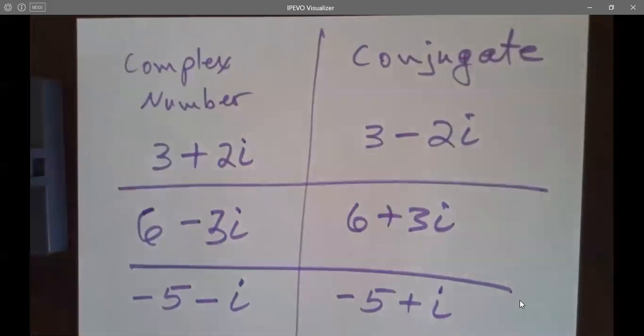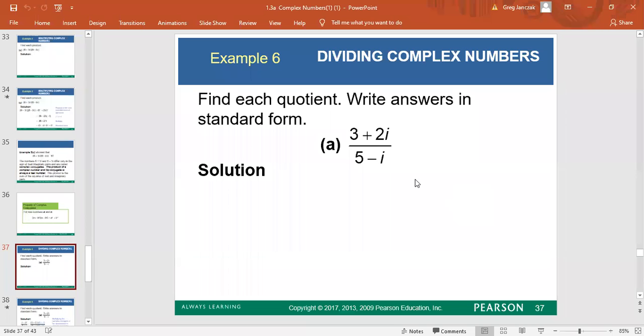Okay, so we use the conjugate to simplify complex expressions. Now the denominator is not simplified completely when the denominator has a complex number. So we want to get rid of that complex number in the denominator. So what we have to do here is multiply the conjugate to whatever the denominator is.